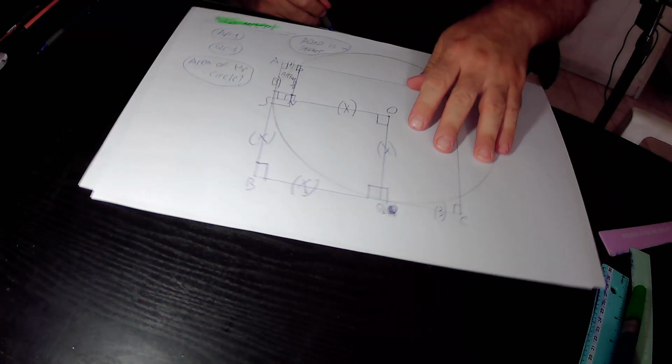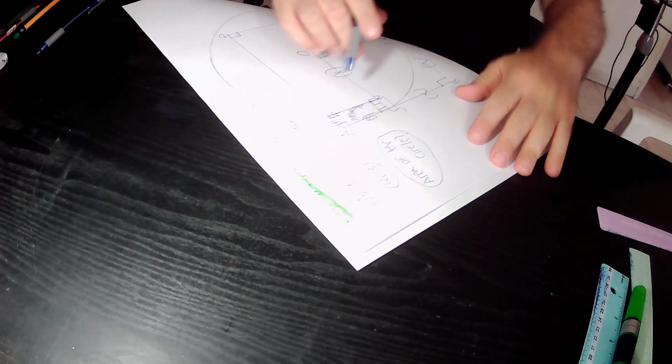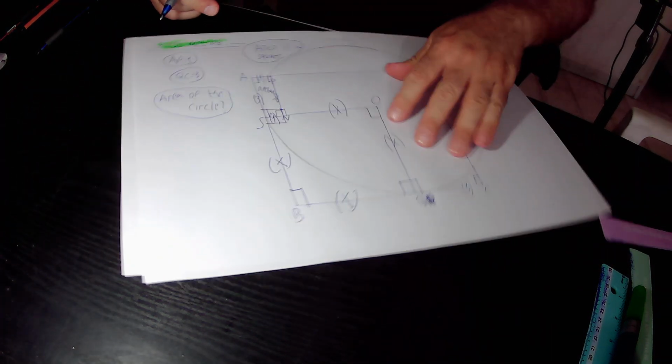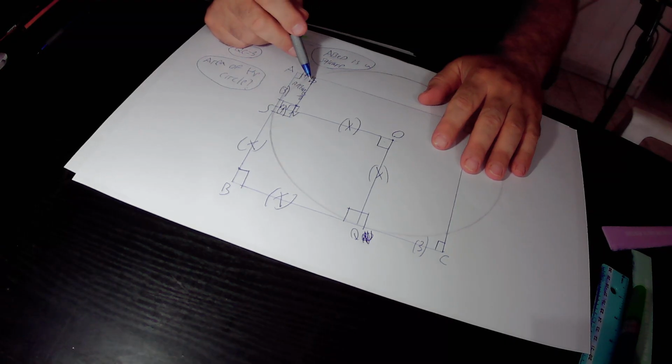But we also know that the opposite sides of a rectangle are equal to each other. So in rectangle APSN, side AP must be equal to the opposite side NS. But AP is 1, therefore NS must also be equal to 1. Likewise, in the same rectangle APSN, side AS must be equal to the opposite side PN.